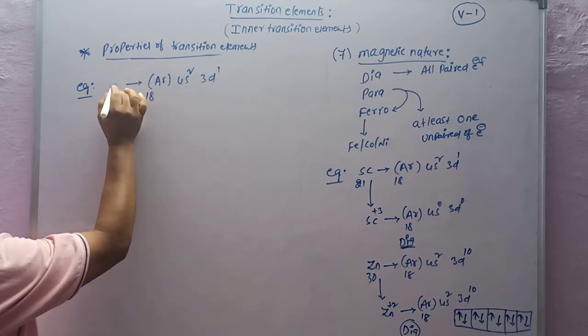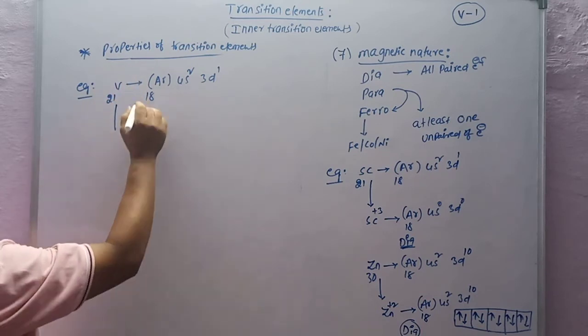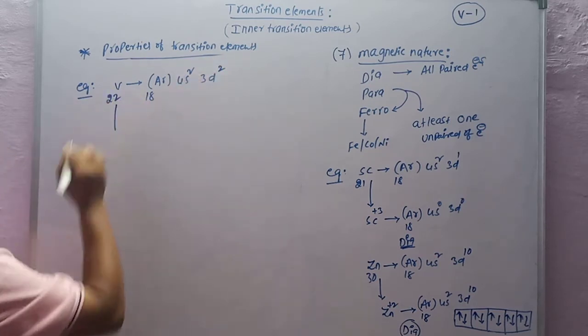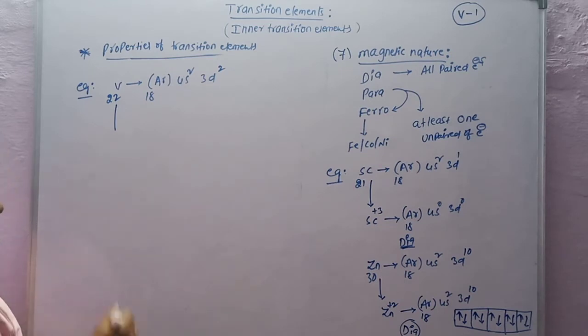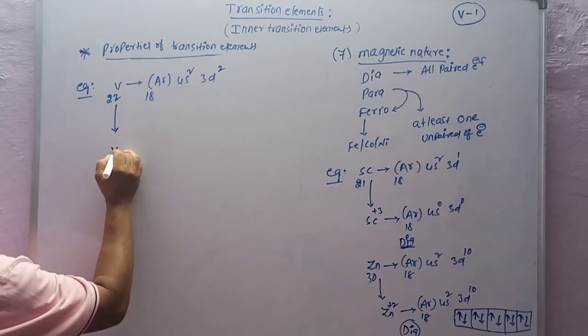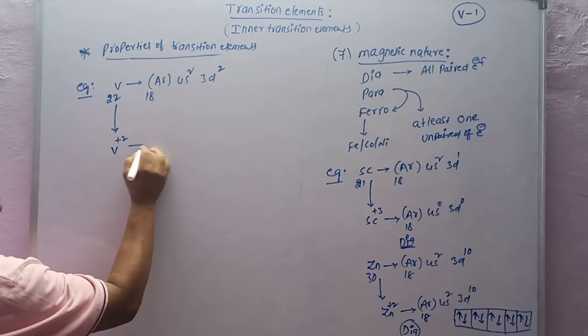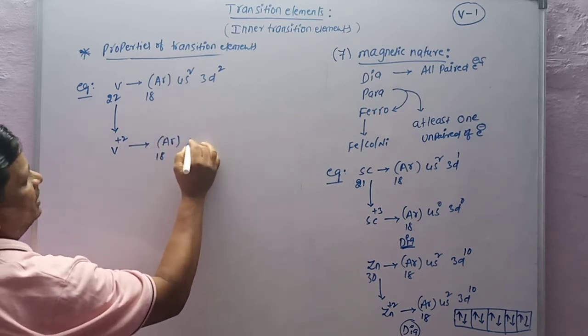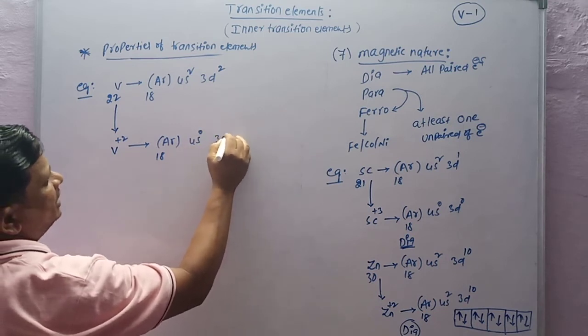For example, scandium has atomic number 21, with configuration argon 18 4s2 3d1. Now take vanadium instead, with 4s2 3d3 and atomic number 23. It loses 2 electrons, so vanadium plus 2 has configuration argon 18 4s0 3d3.